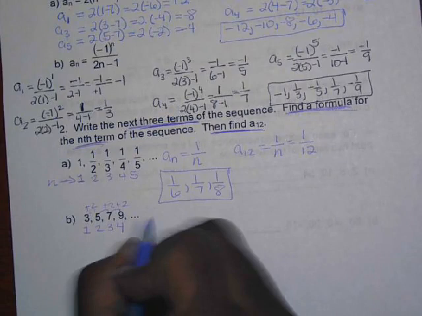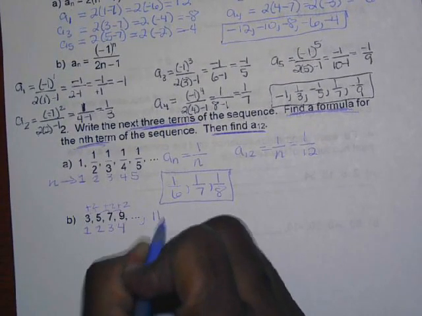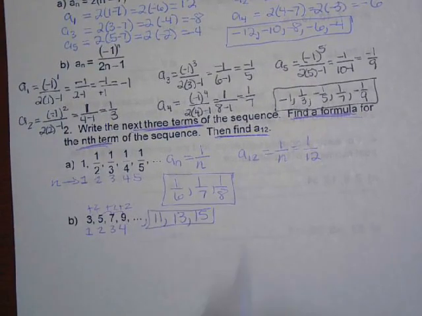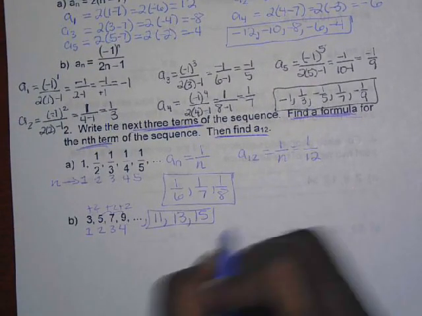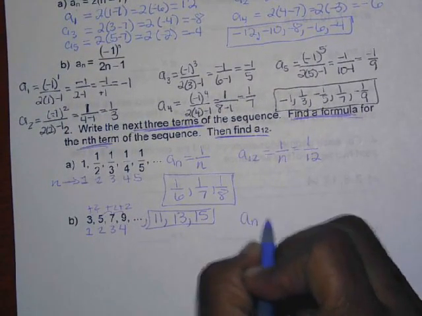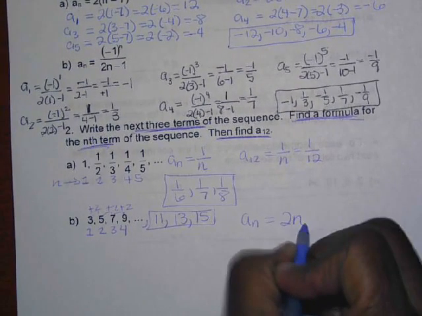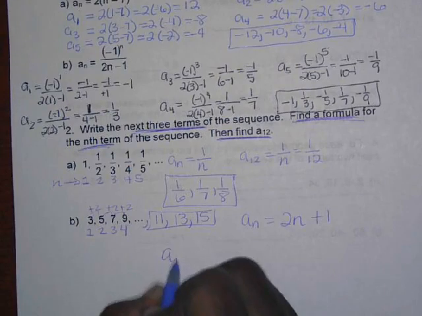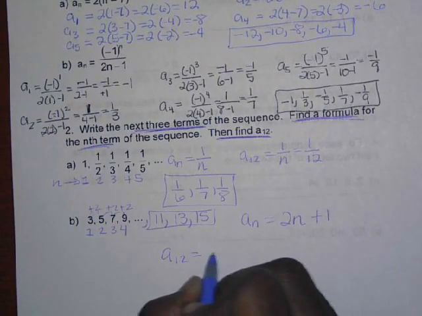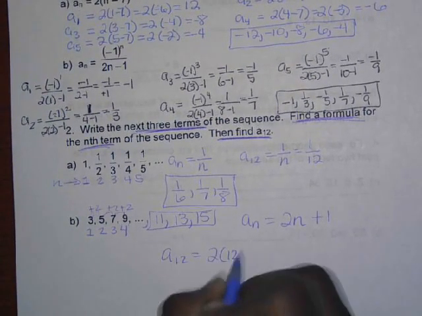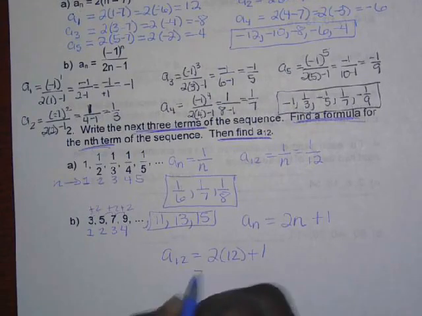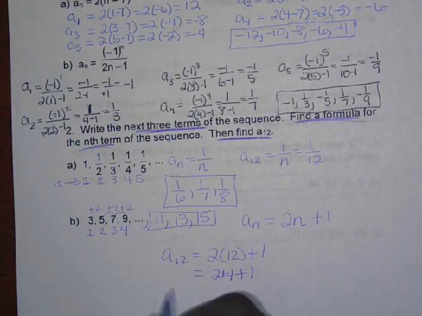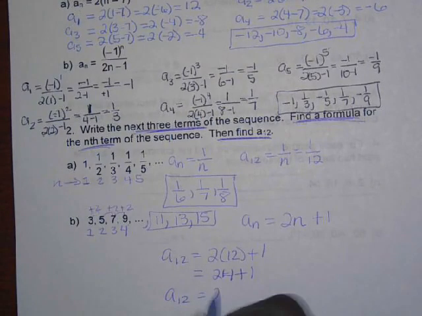So the next three terms are 11, 13, and 15. And my formula is 2 times n plus 1. A sub 12 is 2 times 12 plus 1, 24 plus 1. A sub 12 is 25.